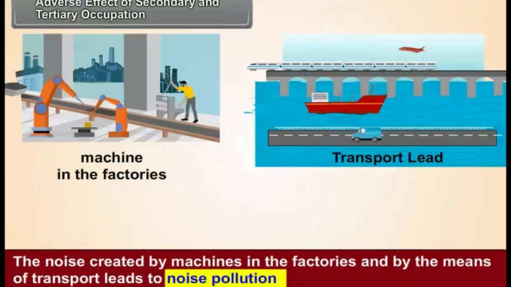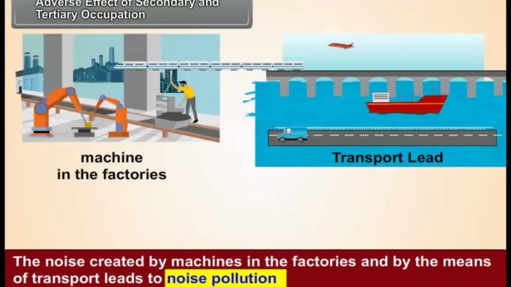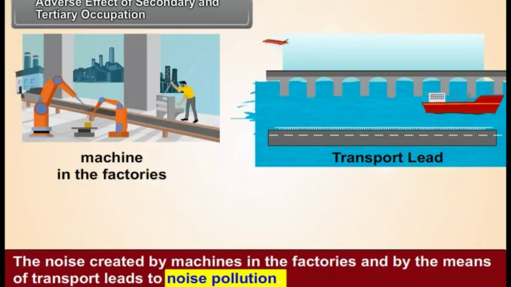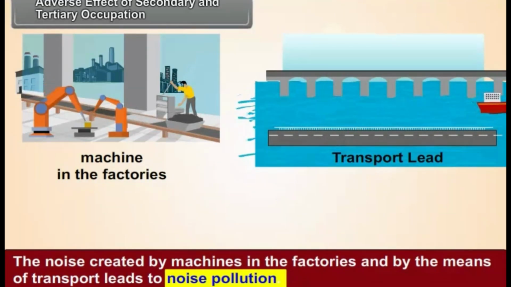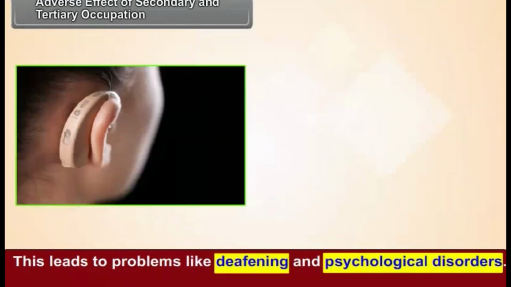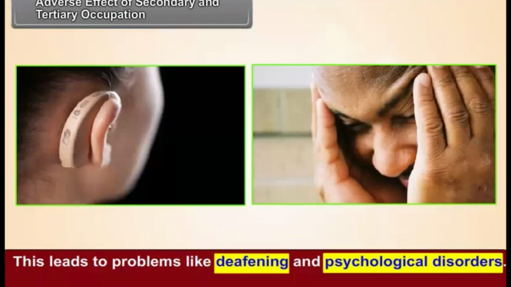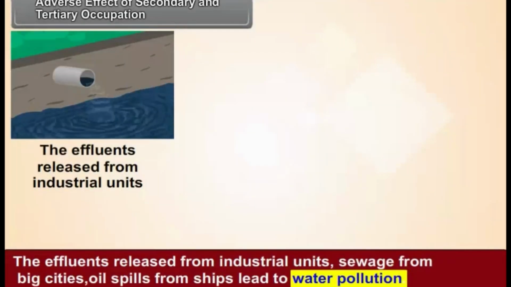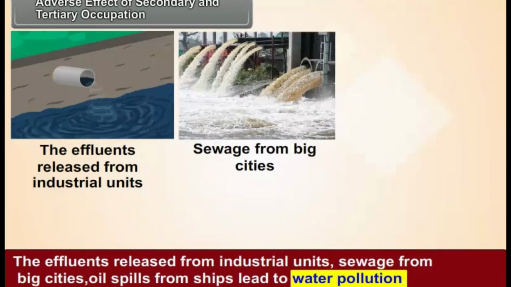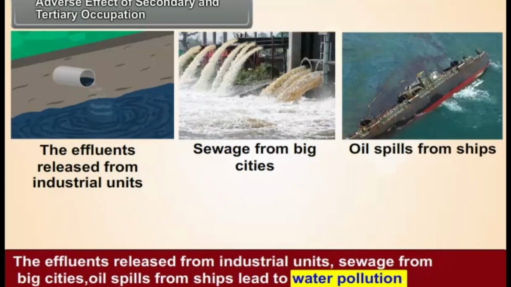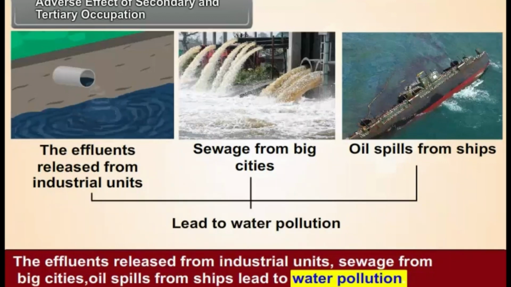The noise created by machines in the factories and by the means of transport leads to noise pollution. This leads to problems like deafness and psychological disorders. The effluents released from industrial units, sewage from big cities, and oil spills from ships lead to water pollution.